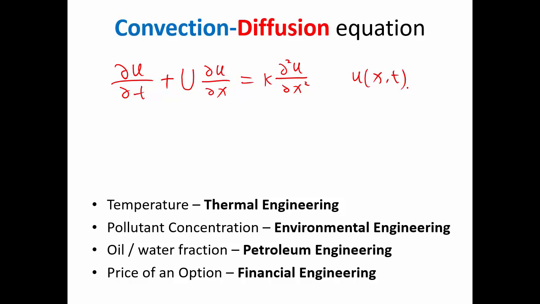If you have two solutions to this differential equation, you add these two solutions up, it is still a solution to the same differential equation. If you have u1 and u2, both satisfy exactly this differential equation, if you add them up, they're still going to satisfy the same thing.